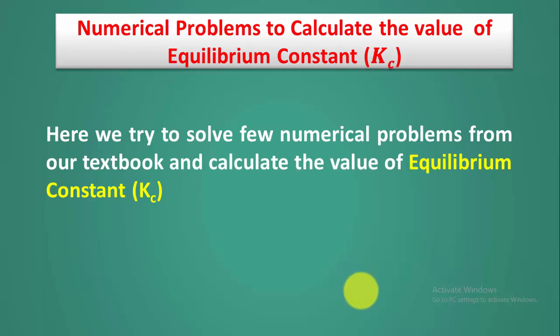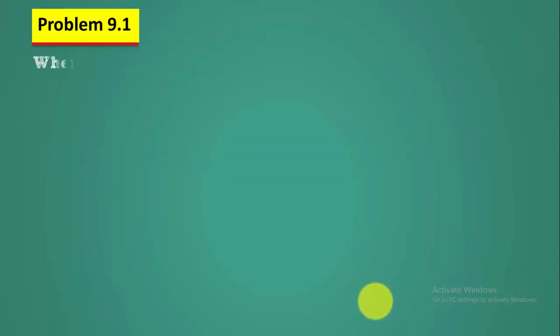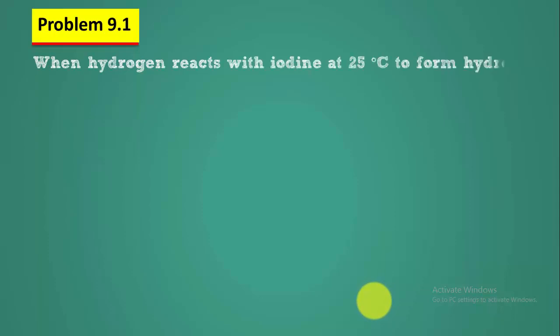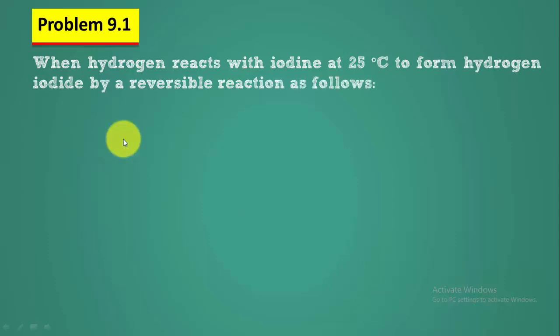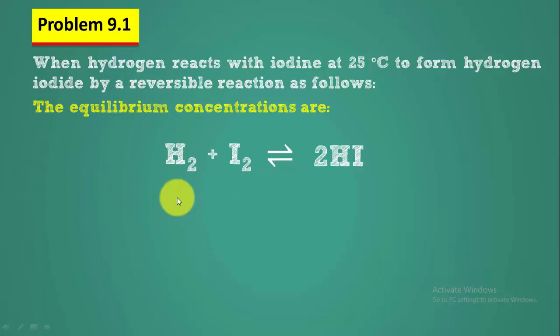So dear student, this is problem number 9.1, which is an example from your textbook. When hydrogen reacts with iodine at 25 centigrade to form hydrogen iodide. So you can see from this equation that two reactants, hydrogen and iodine, H2 and I2, react to form hydrogen iodide HI by a reversible reaction as follows.